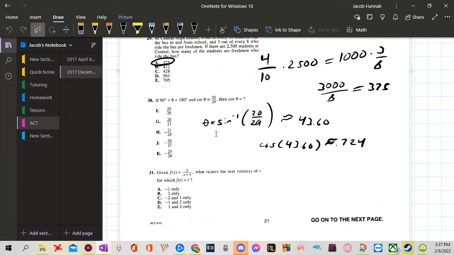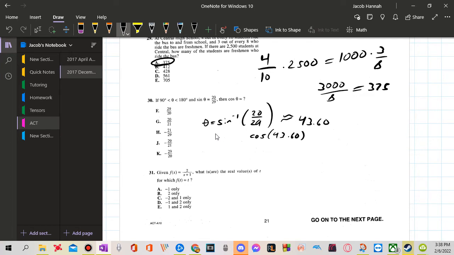Oh, I see. So for this one, you kind of need to know some trig. So cosine of theta is equal to cosine. Hold on, let me rewrite this. I made this confusing for myself. So cosine of this 43.60 is roughly 0.72.